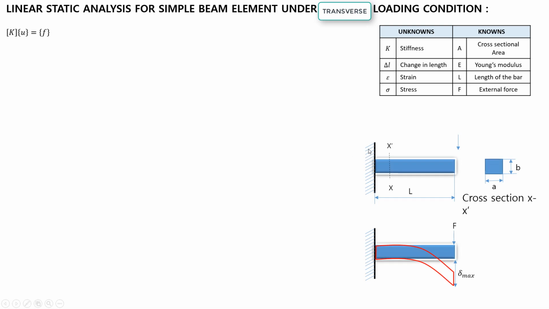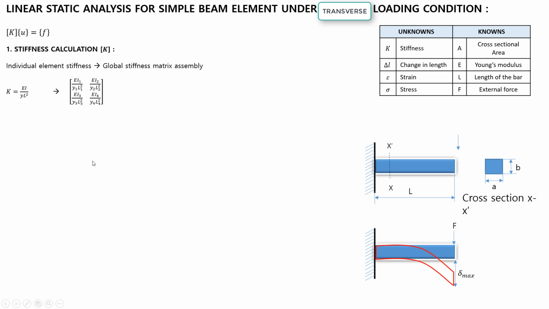Our geometric model is a cantilever beam fixed at one end, and we apply a transverse load at the free end. The cross section has width a, thickness b and length l, and it will have maximum displacement at the free end, as you can see here.